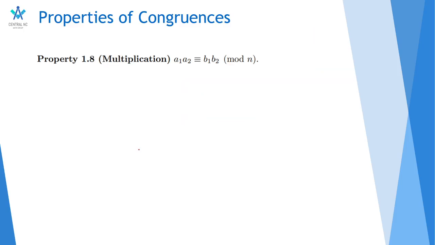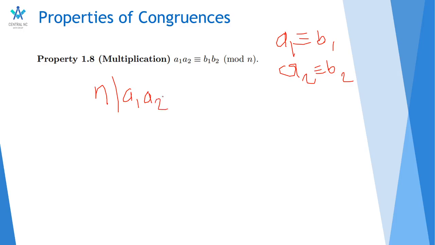Property 1.8, multiplication. What you have to do here is show that n divides into, also assuming that A1 is congruent to B1 and A2 is congruent to B2, A1, A2 minus B1, B2. So let's find a way to rewrite A1, A2 minus B1, B2 so it involves differences of our initial terms.